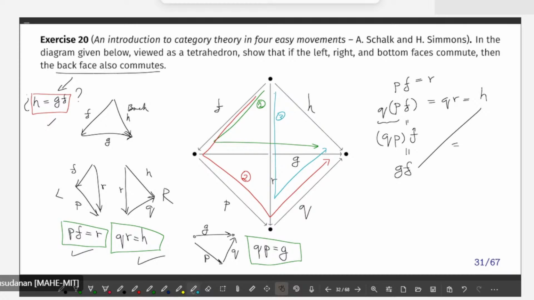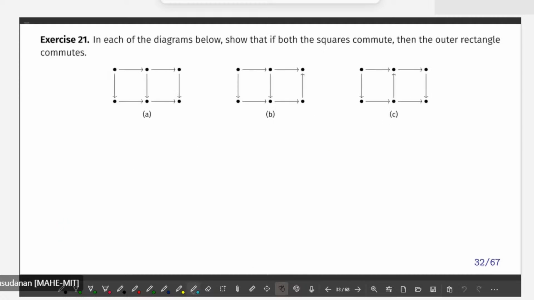This is not the only thing you can do; you can make up laws. Here, in these diagrams, check that in each case, if both of the squares commute, then the outer rectangle also commutes. That means you don't have to check all the possible compositions; you just have to check that each square commutes individually. If that is the case, then you're done.